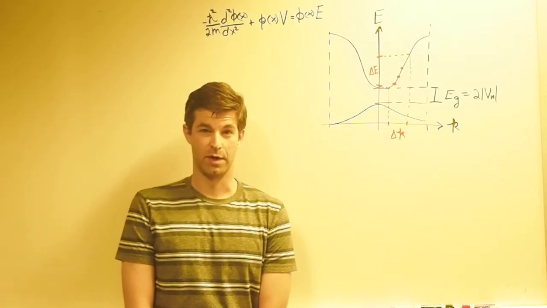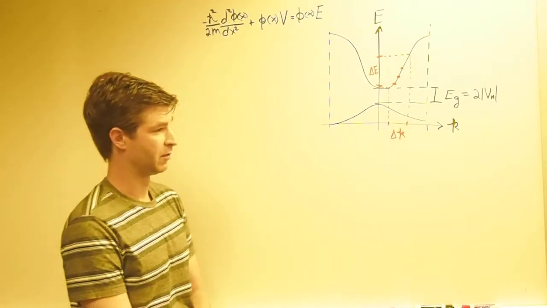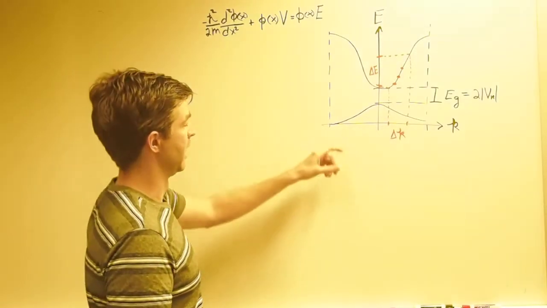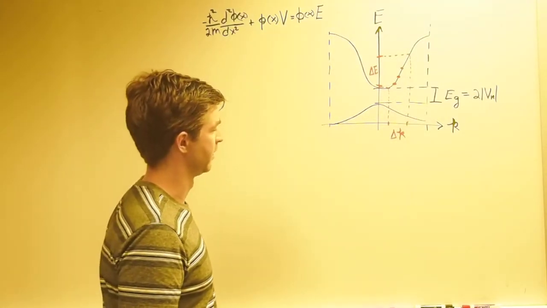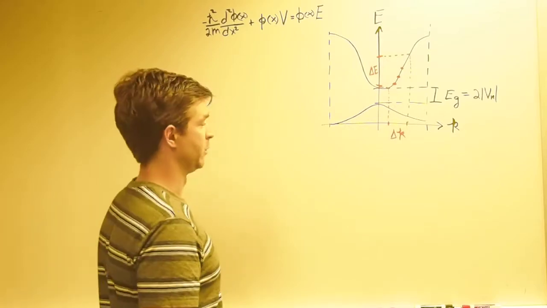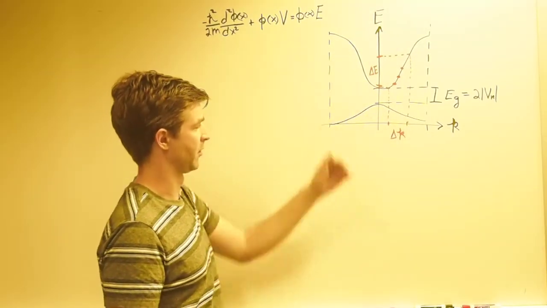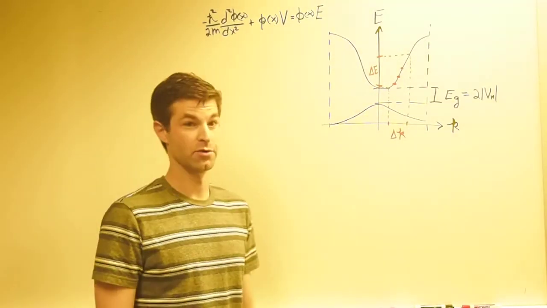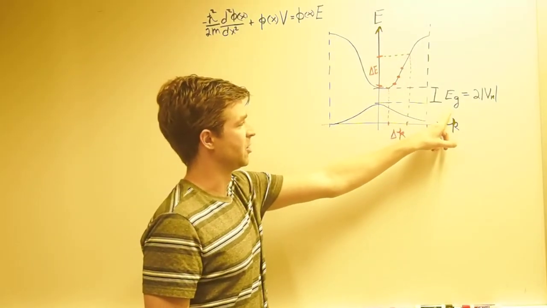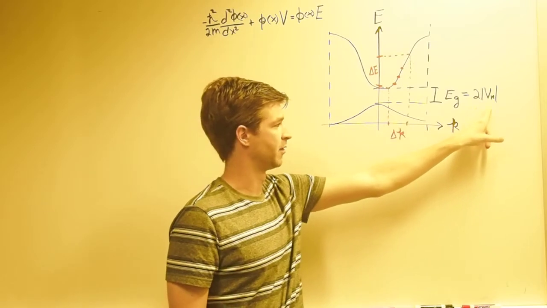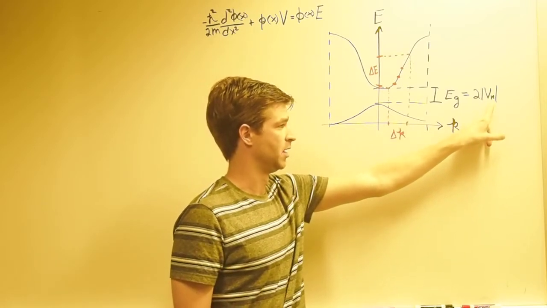So up to now you should be familiar with the two things you see on the board right here. This is the energy-momentum plot for an electron in some crystal, and each of these bands represents an eigenvalue, which is your energy, separated by this band gap Eg, which is 2 times the absolute value of V sub n.